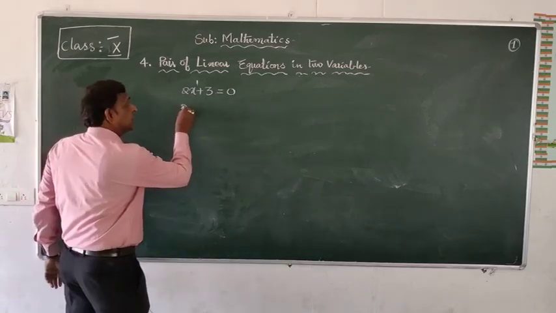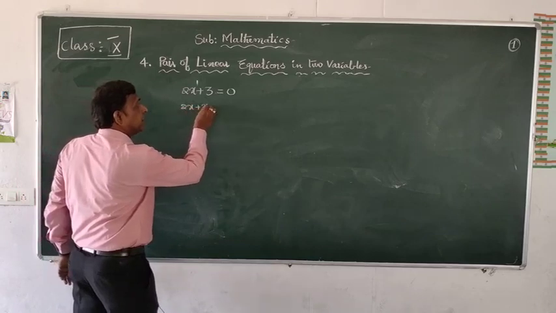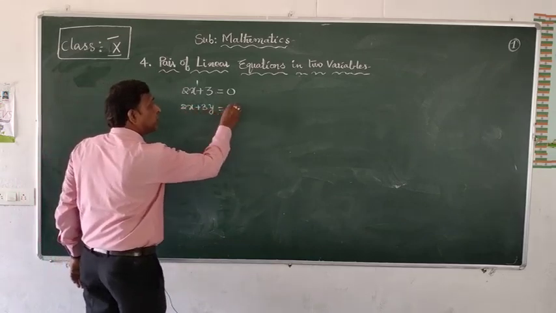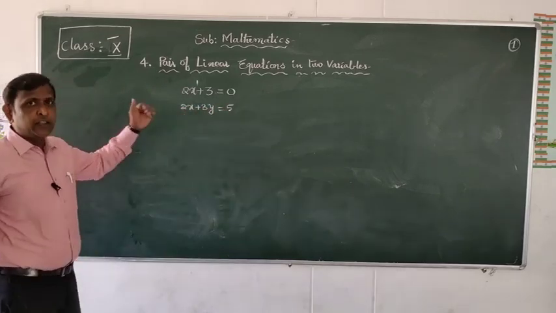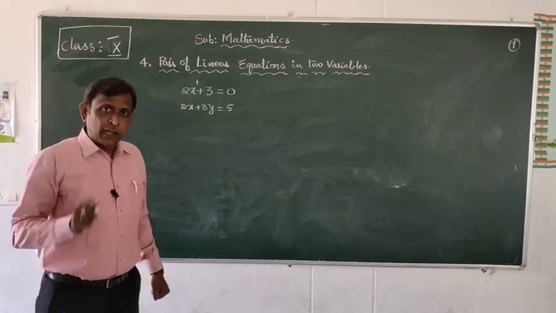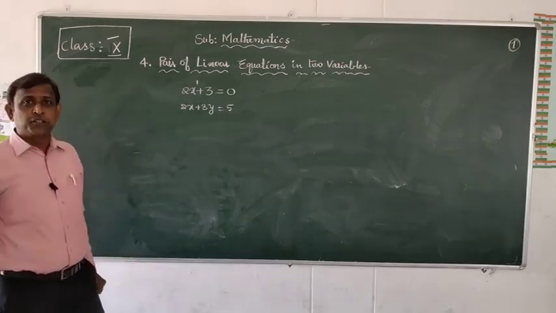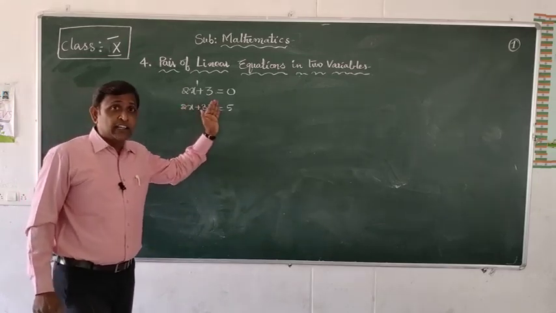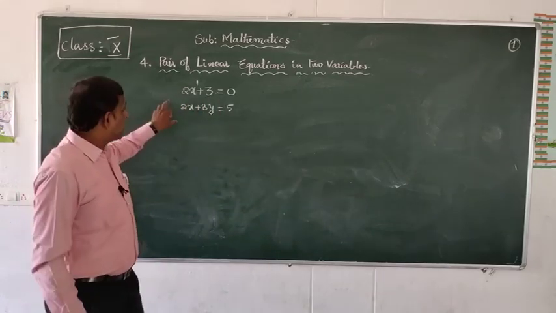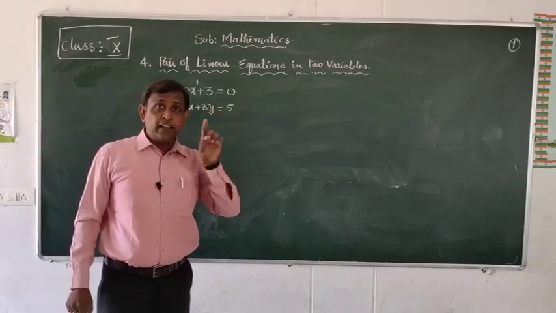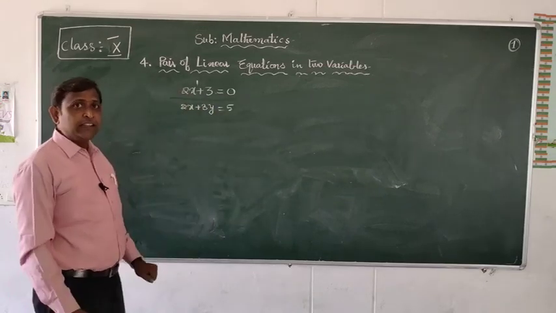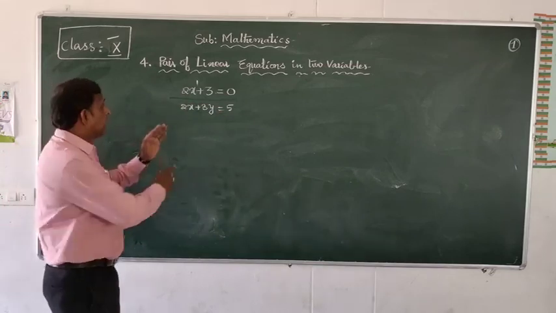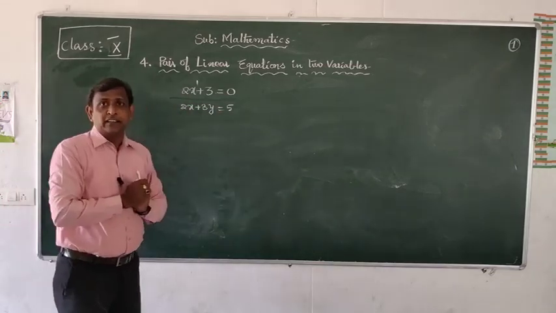Just see here, 2x plus 3y is equal to 5. Is this a first degree equation? Absolutely, it is a first degree equation, because here the exponent of x is 1 and the exponent of y is also 1, so it is called a first degree linear equation. But how many variables are involved in this equation?